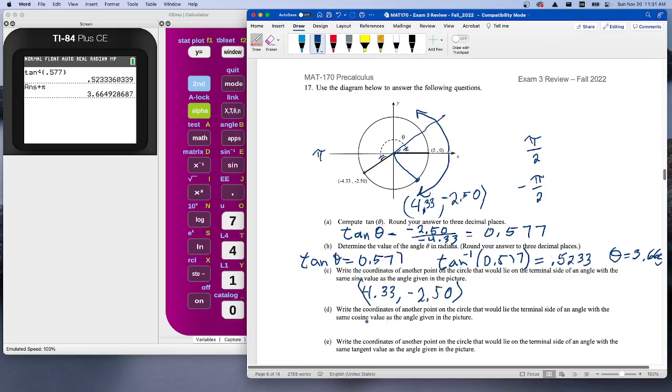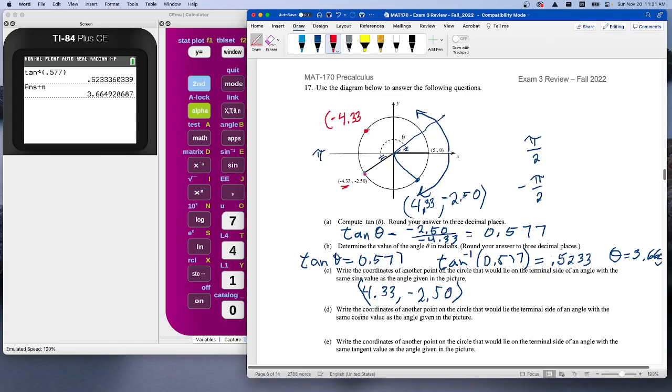Now we're asked to write the coordinates of another point on the circle that would lie on the terminal side of an angle with the same cosine value as the angle given in the picture. So same cosine means that the cosine would have to still give us this value here. So we could come basically straight up so that we maintain this x coordinate.